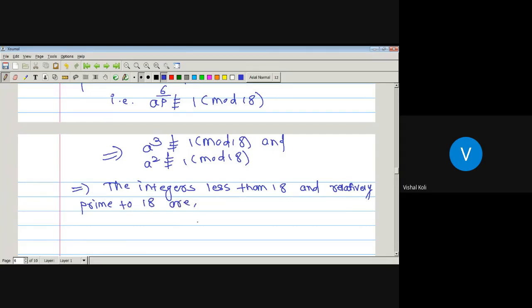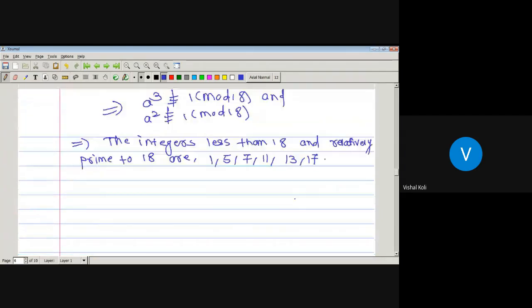Tell me the integers which are less than 18 and relatively prime to 18. 1. Now, whether 2 is relatively prime to 18? No, sir. What about 3? No. 5, 7, 11, 13, 17. As phi of 18 is equal to 6, 1, 5, 7, 11, 13, 17 are the integers which are less than 18 and relatively prime to 18.